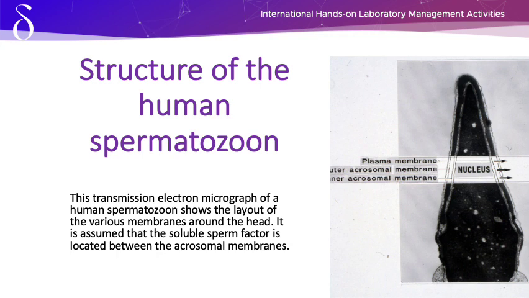And in the human and other mammals, this is a lateral interaction. It's not the tip of the head of the sperm that interacts with the oocyte. Presumably, after fusion of the inner acrosomal membrane with the plasma membrane of the human oocyte, there's the release of sperm factor into the cytoplasm of the oocyte.